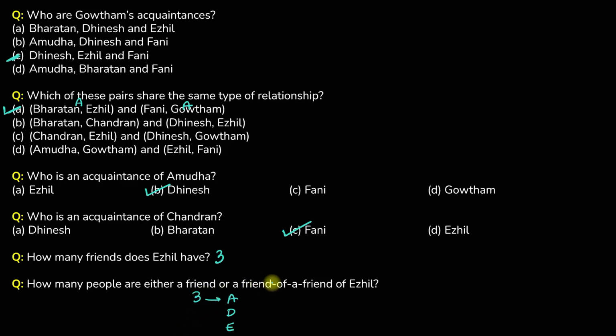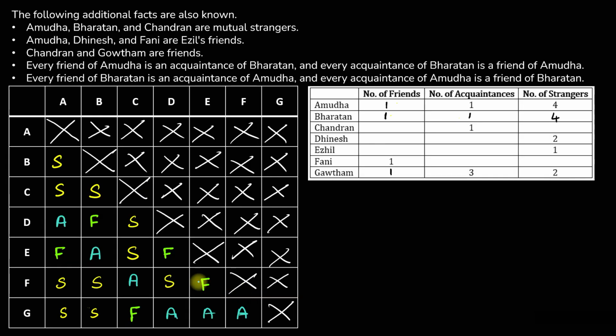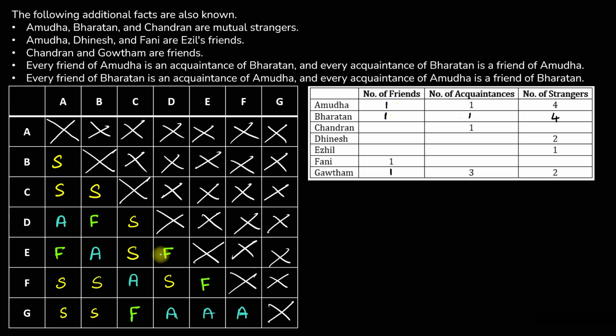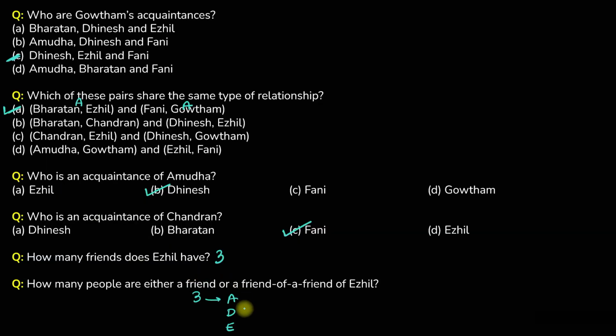And how many are friend of a friend for Azil? So let's look at A. For A, friends are E. So E is the only friend of A. So no additional friend over here for A. D, let's look at D. For D, the additional friends are B and E himself. So the additional friend is B over here.